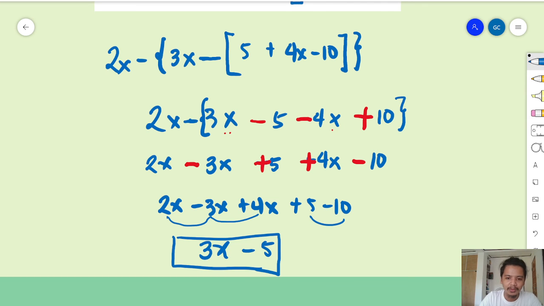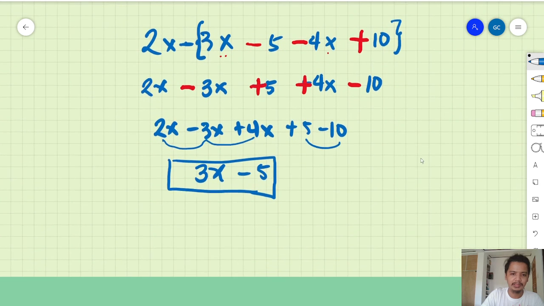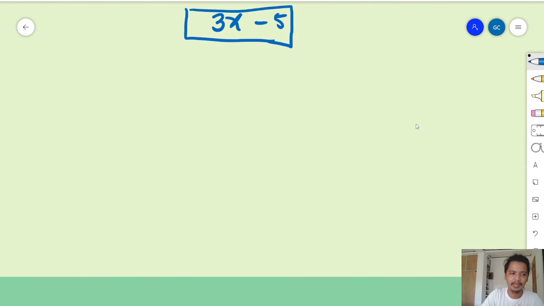Okay? So, for other examples, let me just jump into the internet para maghanap ng example natin. Huwag nyo na lang akong isumbong. Sorry. Alright, so, let's see.